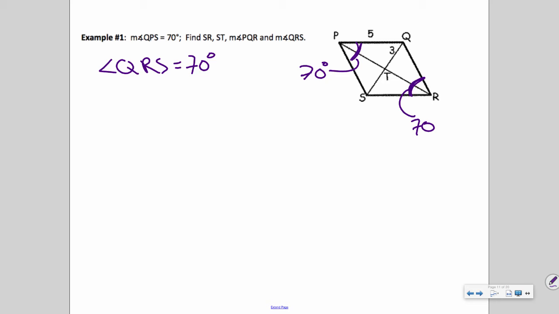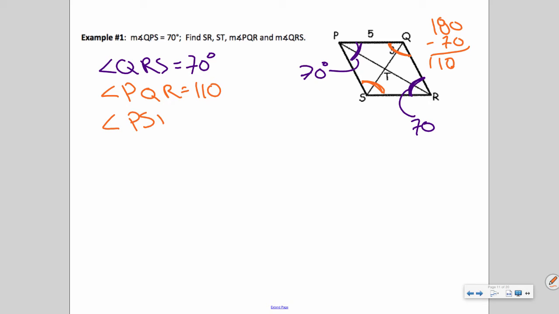Well, the other trick is I have to find these other angles, PSR and PQR. To do that, I would do 180 minus 70 to get 110. So I know angle PQR equals 110 and angle PSR is 110.